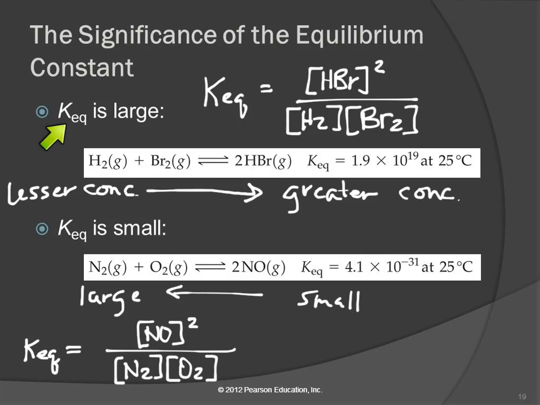When the equilibrium constant is large, like 1.9 times 10 to the 19th, it's a very big number. Then the concentration of the products must be really big compared to the concentrations of the reactants, meaning that this reaction goes mostly towards the products. There are others where the equilibrium constant is closer to 1, and those are more of a 50-50 kind of deal.